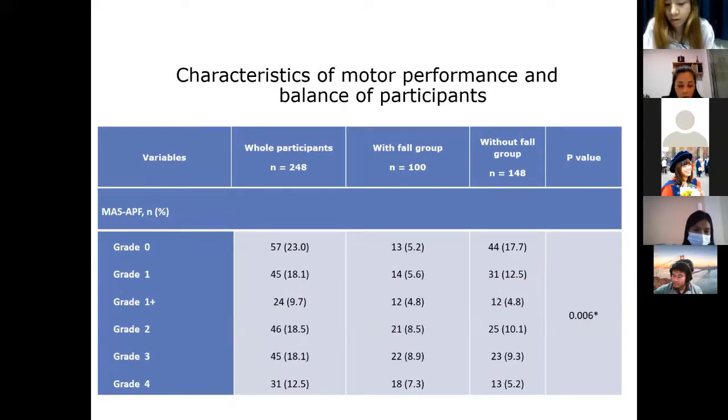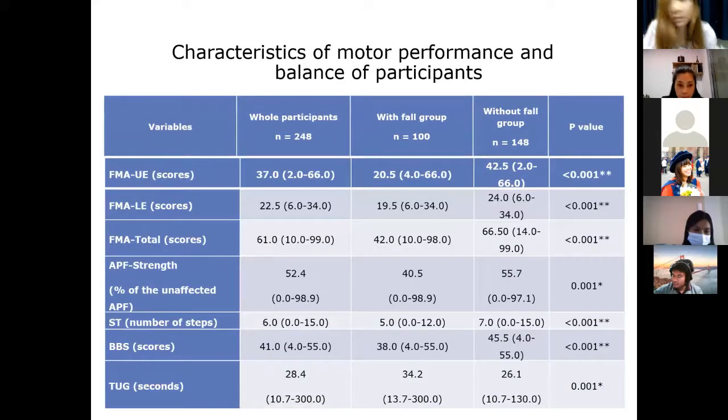Other measures, including the Fugl-Meyer scale of upper limb, lower limb, total score, ankle plantar flexor strength, step test, Berg Balance Scale, and Timed Up and Go, were different between the faller group and the non-faller group.